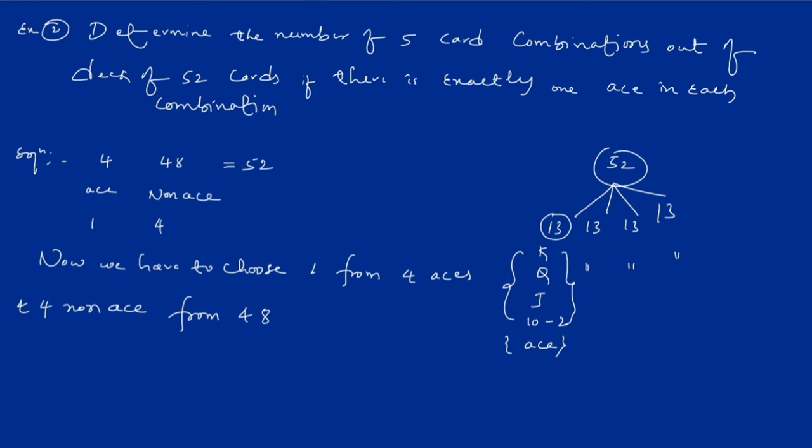So the number of ways is equal to 4C1 into 48C4, right? So what is 4C1 here?